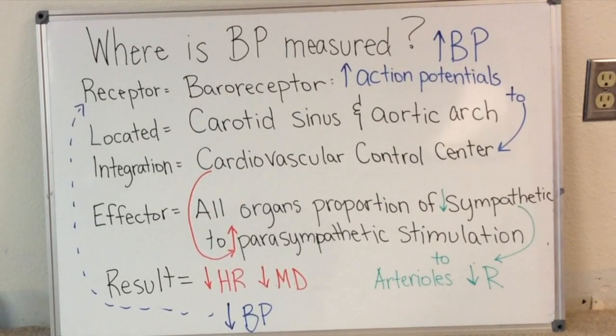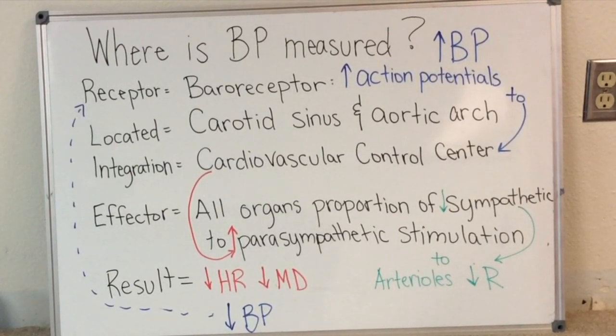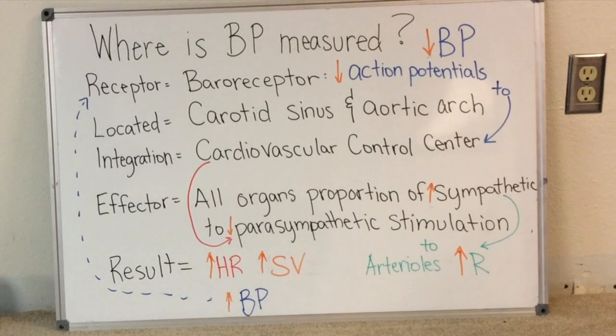The net effect of a decrease in heart rate, a decrease in metabolic demand, and a decrease in arterial resistance will decrease blood pressure felt by the baroreceptors in the carotid sinus. This will then allow it to decrease action potentials to the cardiovascular system to inform it that it has now entered back into homeostasis.